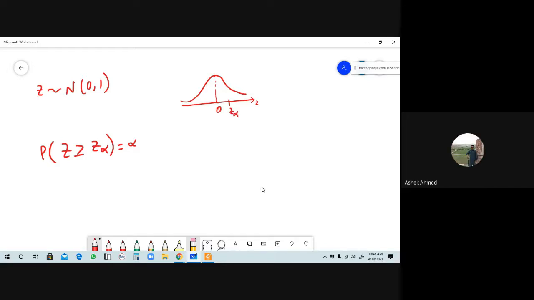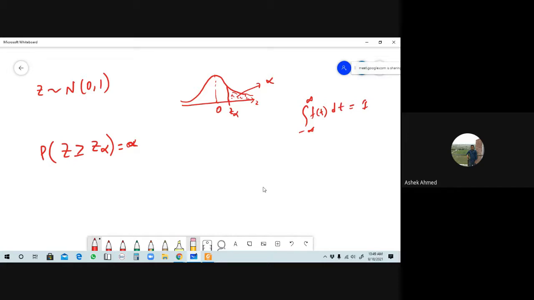From here if you draw a perpendicular, we can say that the right part area of z suffix alpha will be alpha. Understand? That right part area is alpha. But we know from a normal distribution the total area, the integral of f(t) dt from minus infinity to plus infinity, was 1.